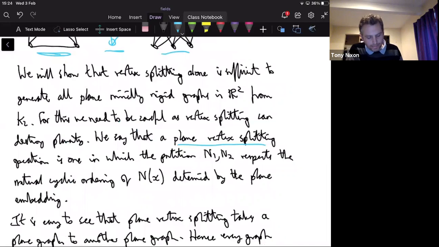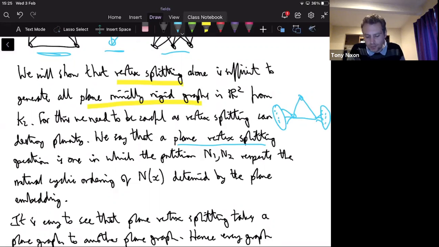As I sort of hinted at, we're going to show that vertex splitting is sufficient to generate all plane minimally rigid graphs, which are plane two free tight graphs. But for the vertex splitting operation, let's just draw the 2D picture. I had this partition of these two sets. If I choose these in a not nice way, I could break planarity.